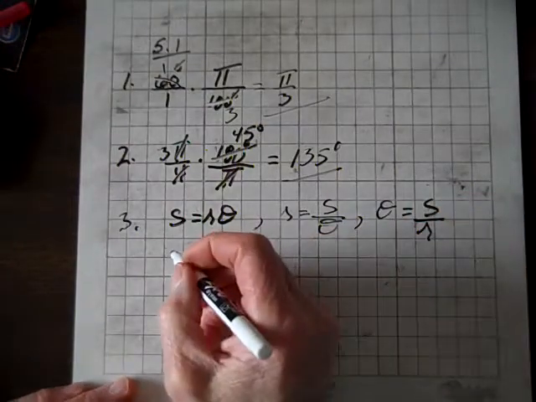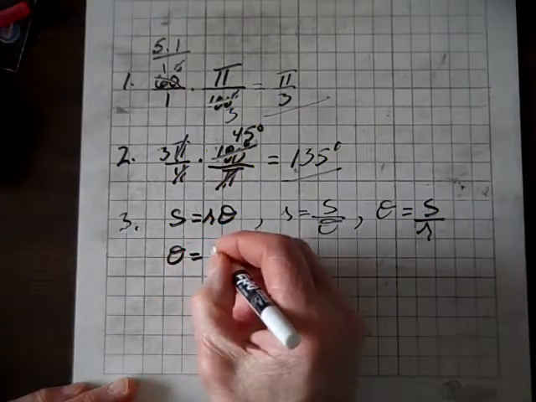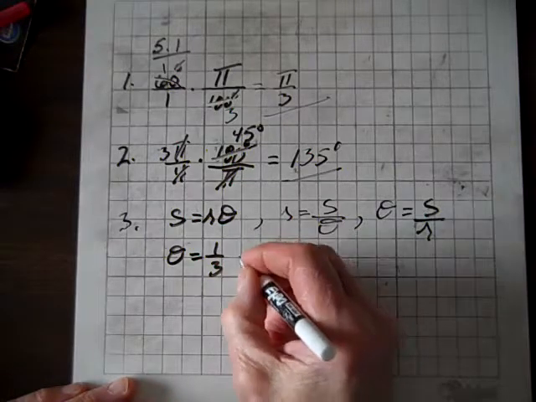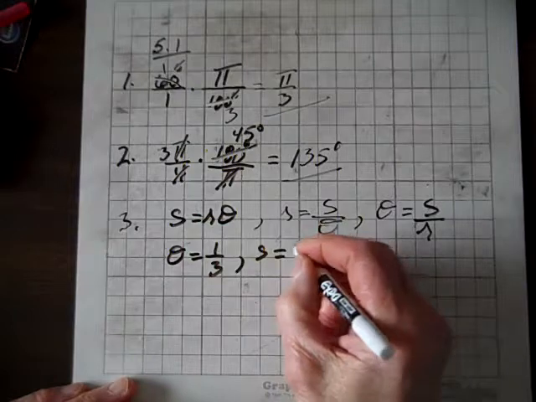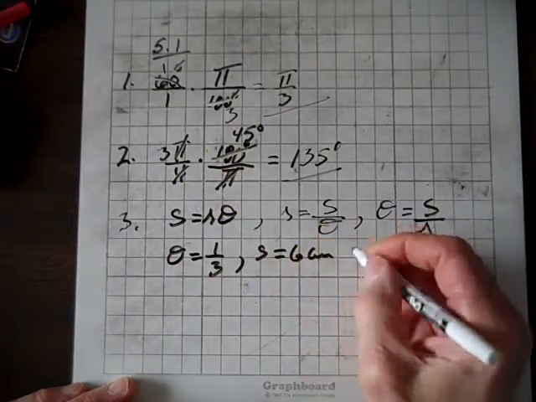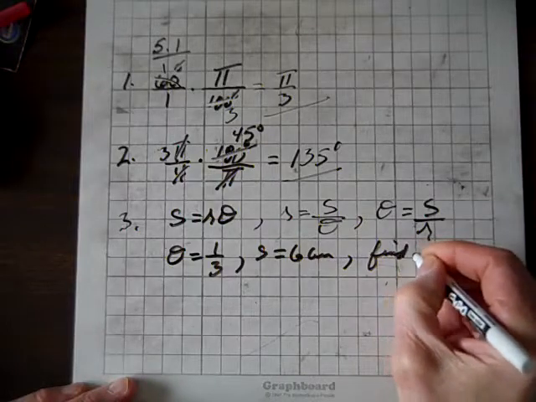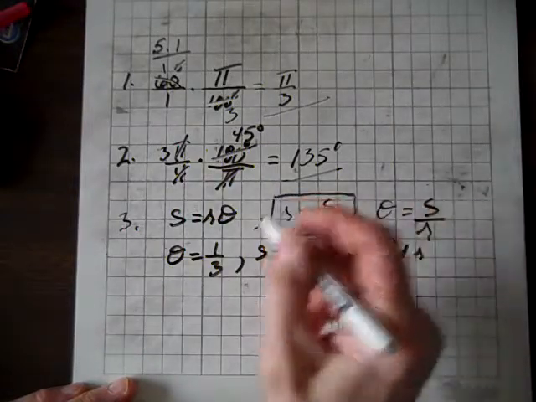Now let's see what we have here. We're given that theta equals 1/3, and S equals 6 centimeters, and we have to find r. Here's the formula we're going to use.